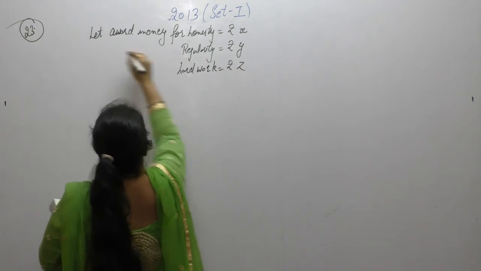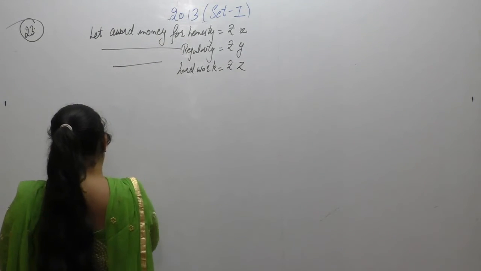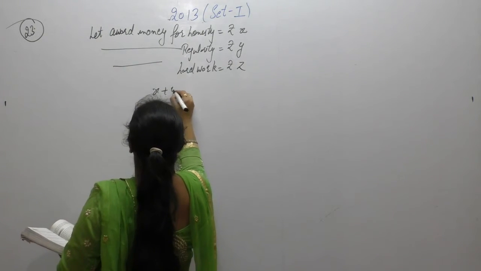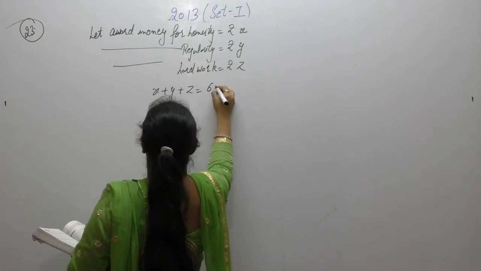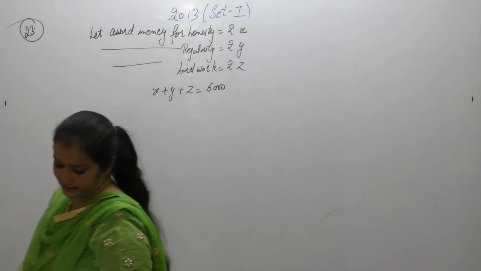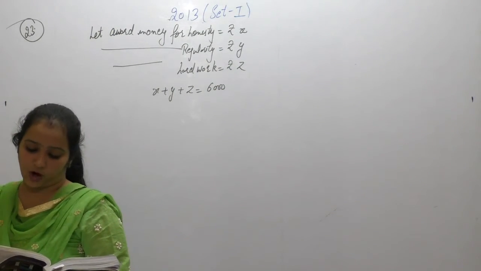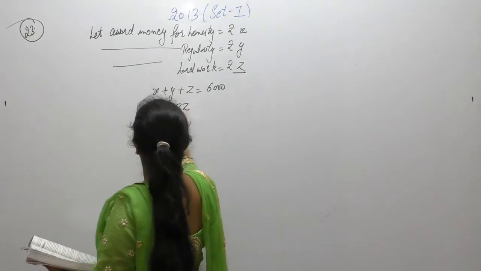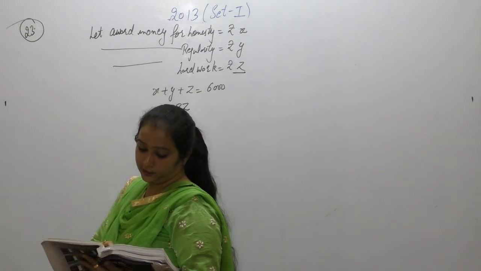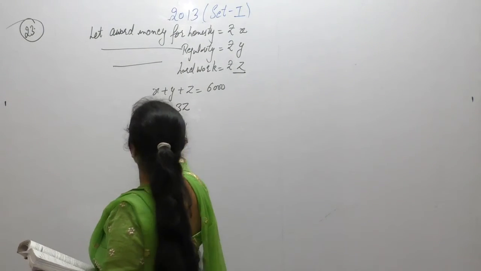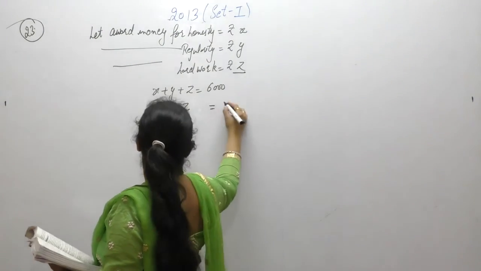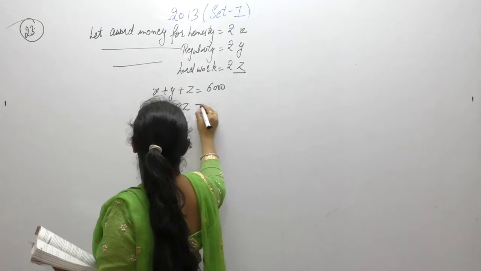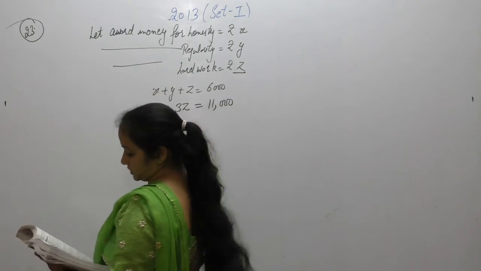Now it is given that the total award money is 6,000. Next, 3 times the award money for hard work added to the award money for honesty amounts to rupees 11,000.